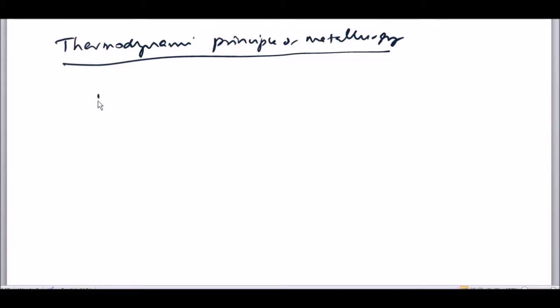You take MxOy, the metallic oxide, that gets converted into M solid plus oxygen. This is equation number 1.